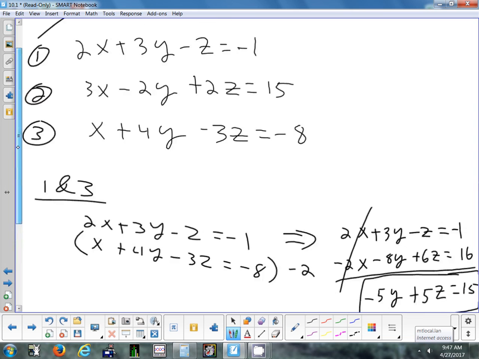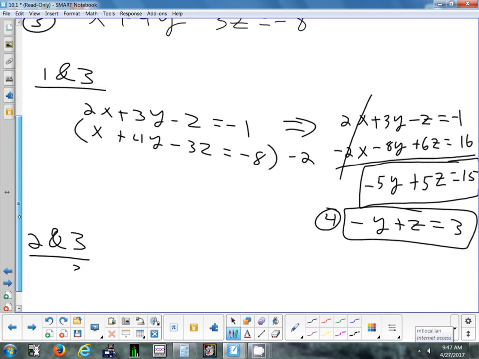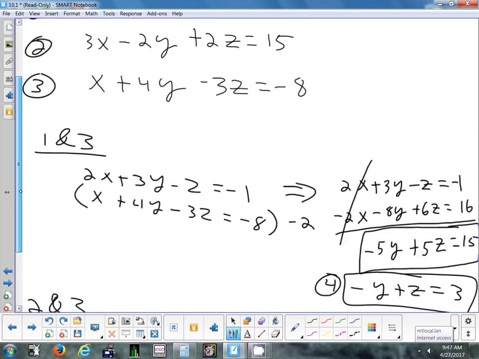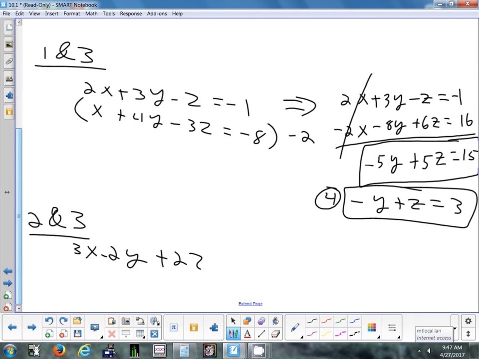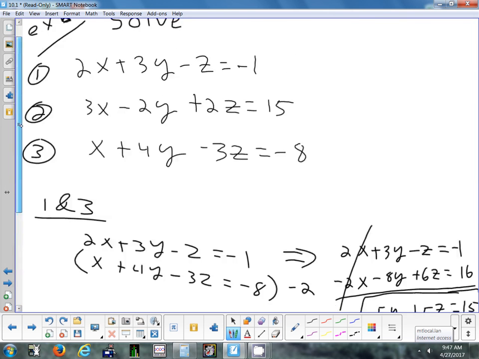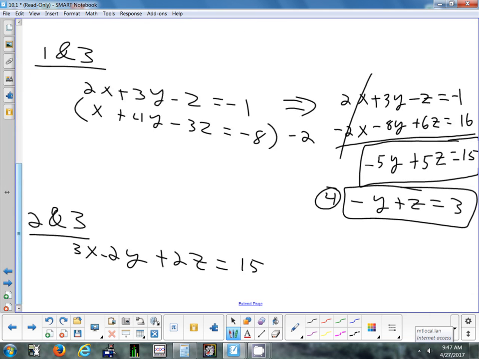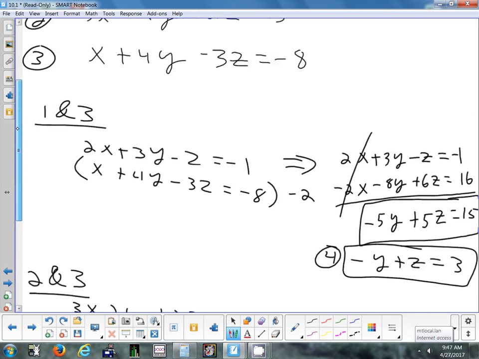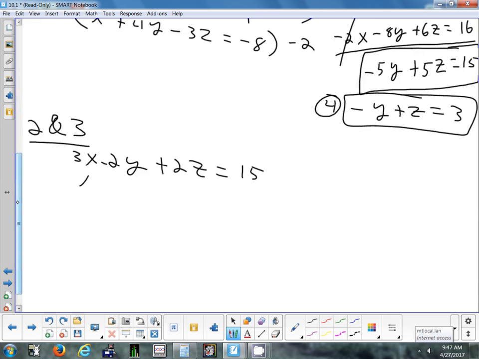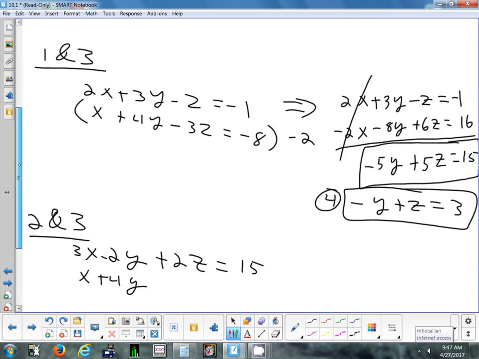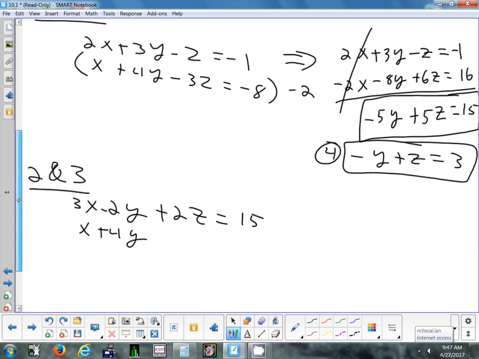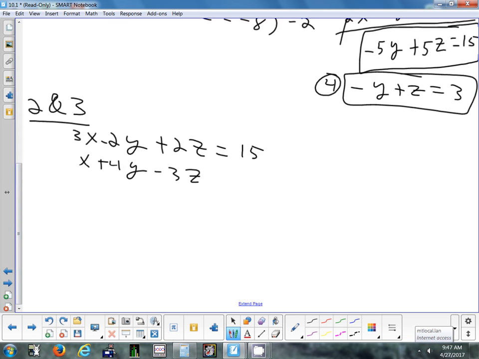I'm just going to copy them down. 3x minus 2y. Double check my signs because I have a little problem with that today. It's 15. And 3 is x plus 4y minus 3z equals -8. Okay.